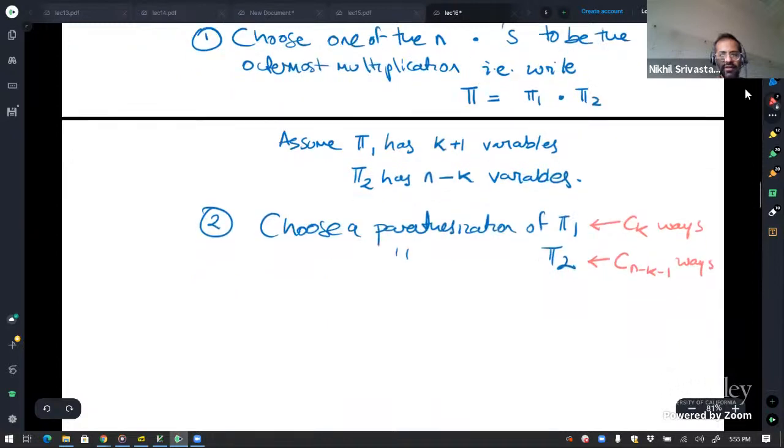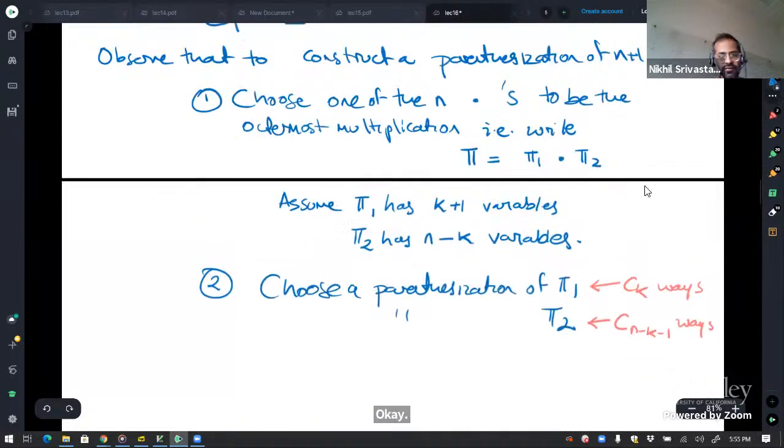Okay. And so now, the number of ways to do step 2 depends on how you do step 1, in general.